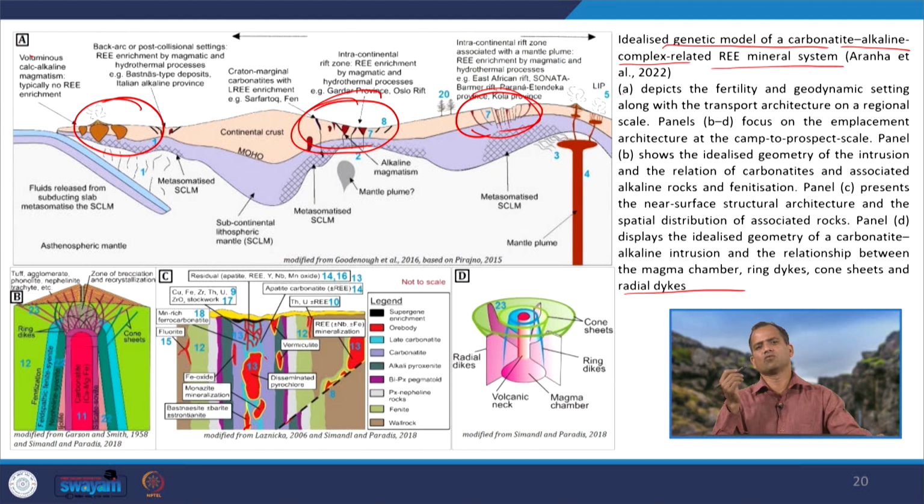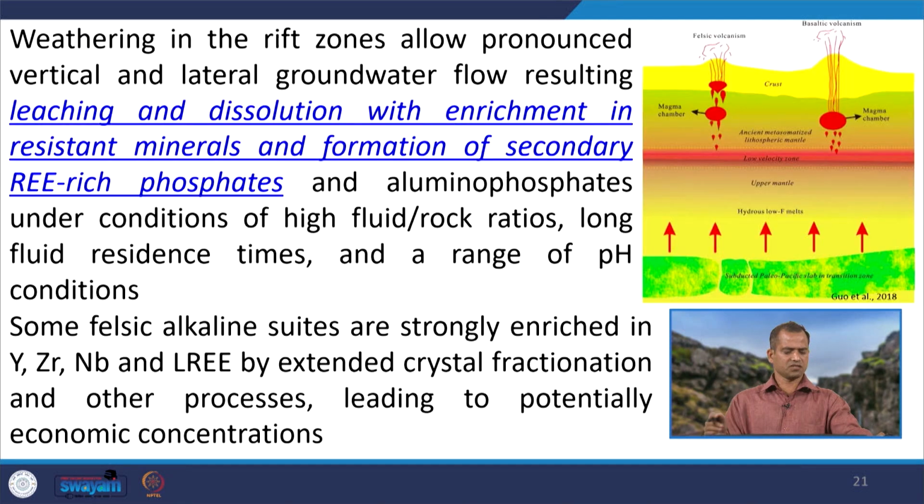And it is not only magmatism, carbonatitic or kimberlitic, that gives rise to mineralization at the rift basin. In a rift basin, as you know, there are a number of faults and fracture zones, which means rocks are totally shattered by faulting and fracturing.